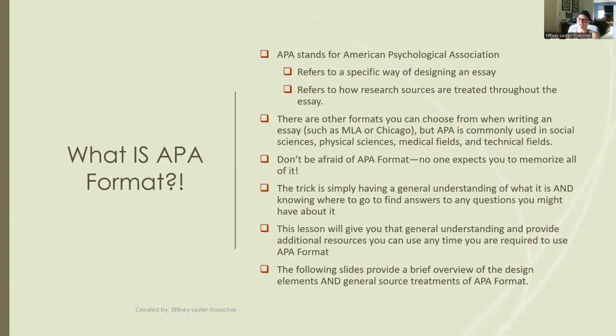It's that year that really is important for APA format, because all of those different fields that I just mentioned, social sciences, physical sciences, medical fields, technical fields, information about those fields of study is constantly changing. And so they really want to make sure that you're using current sources in your paper.